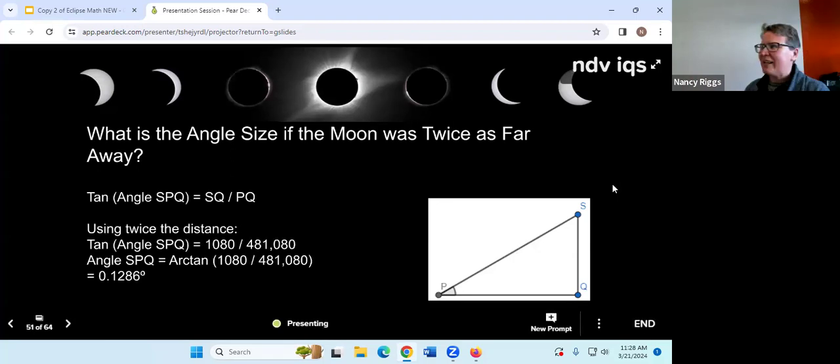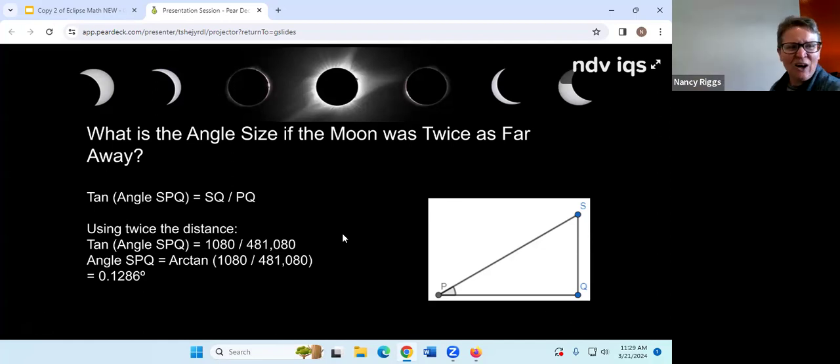So let's come back then and say, okay, now what if we have the moon being twice as far away? As a reminder, that's where that 48180 comes from. So again, my moon is the same size, but it's now twice as far away. So when I did the arctan of that particular ratio, I got 0.1286 degrees.